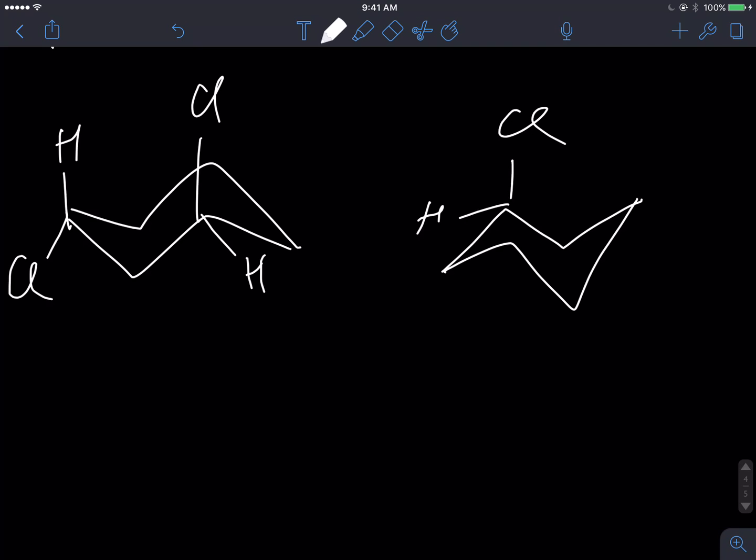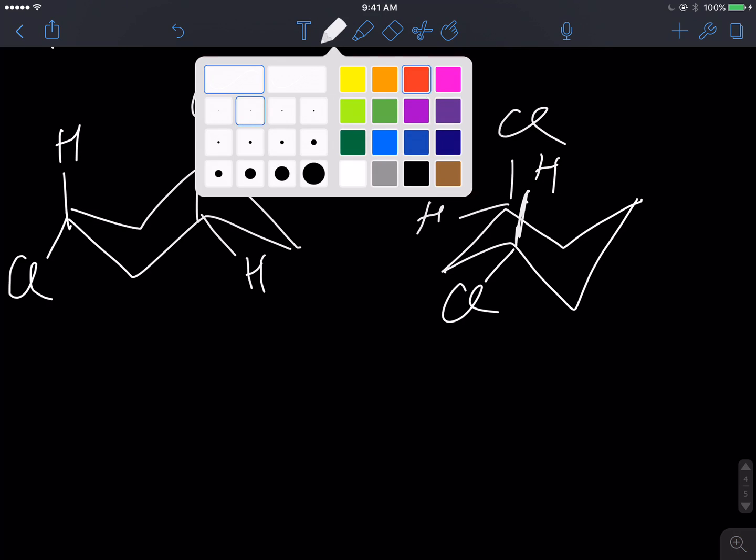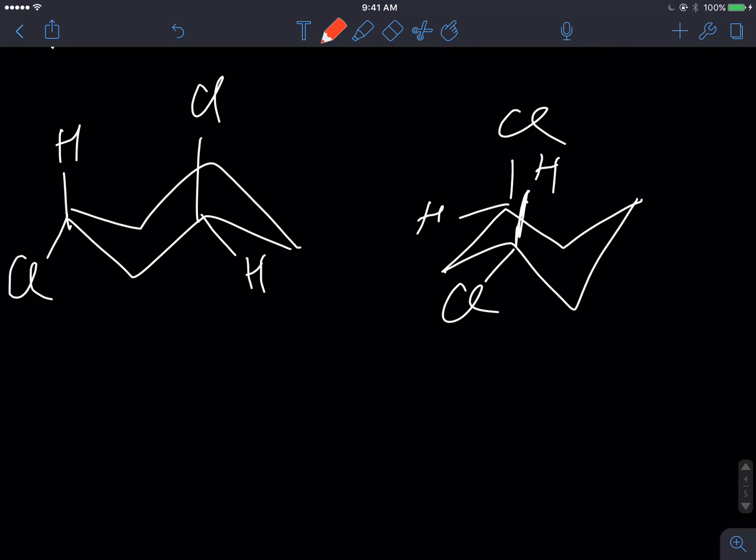It's chlorine. Put this exo hydrogen, and equatorial chlorine, right? And after determining, I got this one is R, this one is R, and this one is S, and this one is S. Now you have RR to SS, so it has to be enantiomers, right?